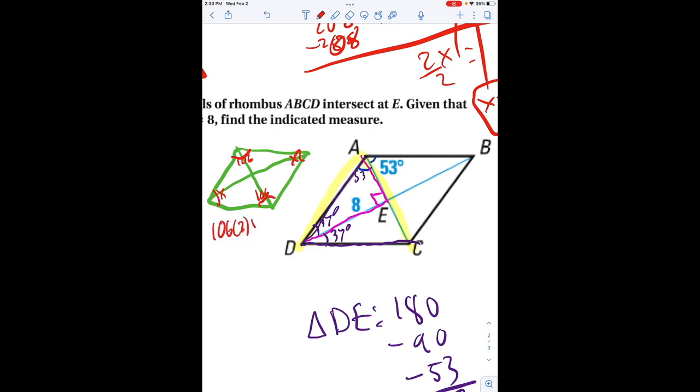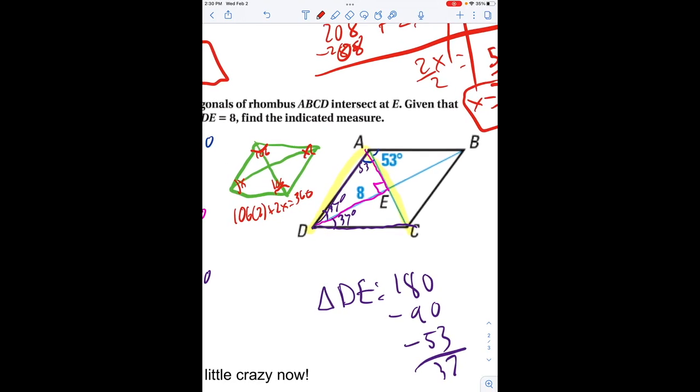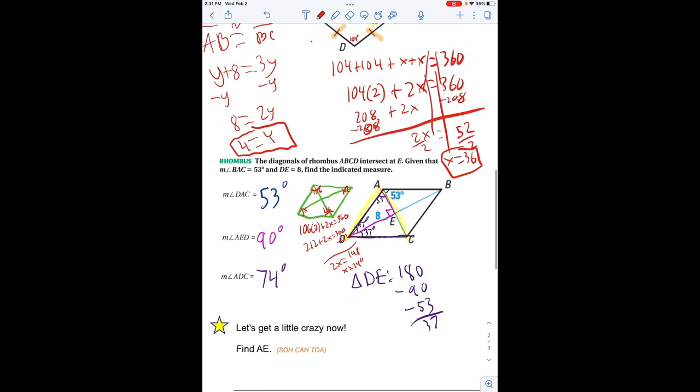So it would be 106 times 2 plus 2x equals 360. You're going to end up getting the same answer: minus 212, 2x equals 148, and then divide by 2, and you get 74. So I just showed you 2 different ways to think about that same type of problem.